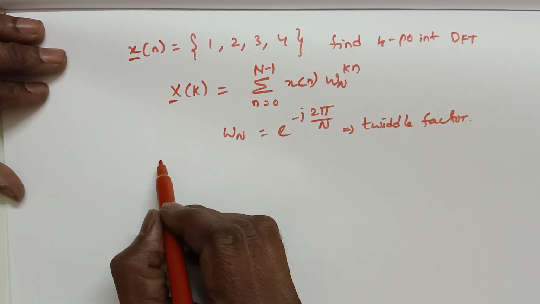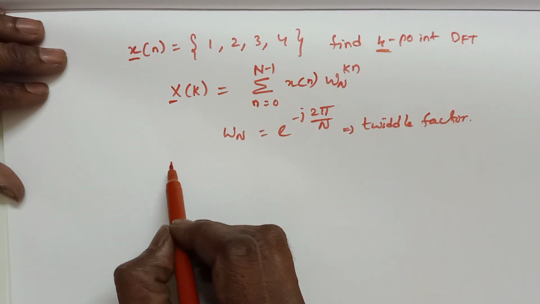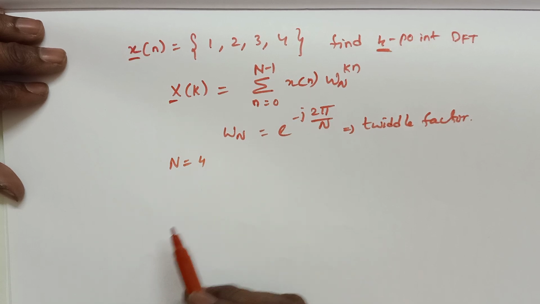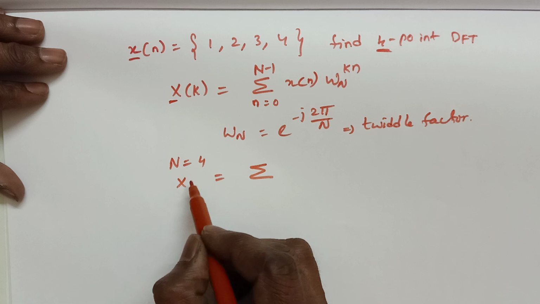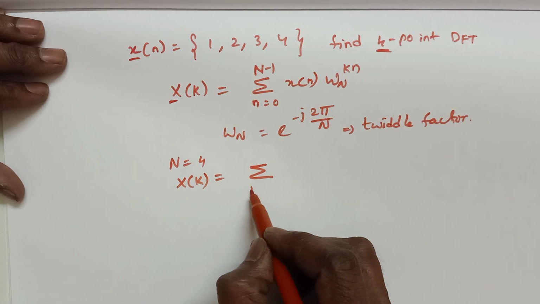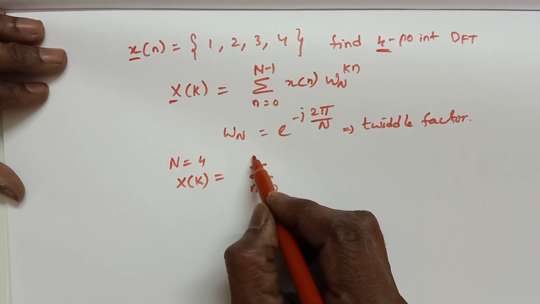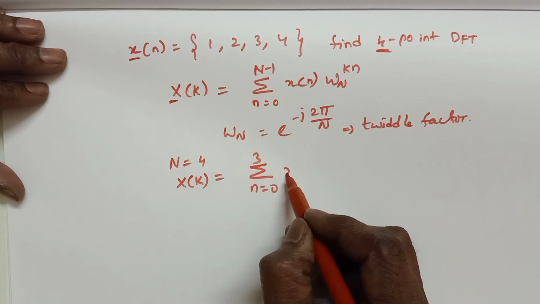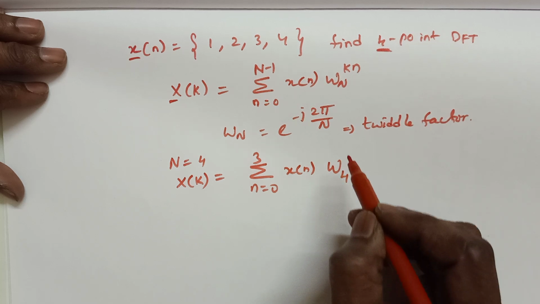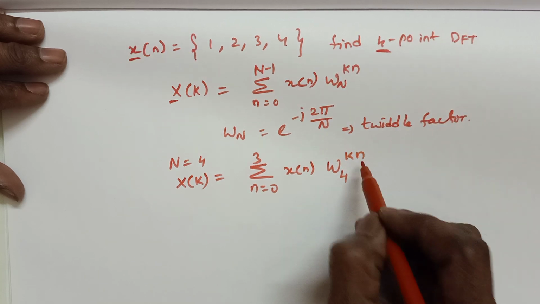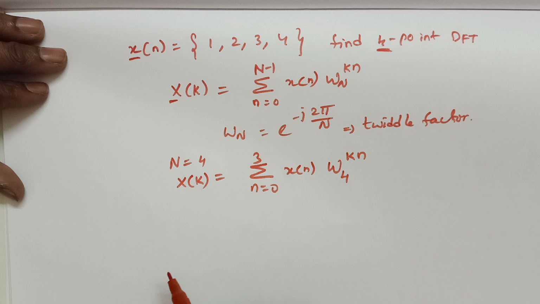In the given formula, N is equal to 4. So we'll substitute this in the formula: X of k equals sigma, n equals 0 to 4 minus 1, that is 3, x of n into W_4 power k into n.